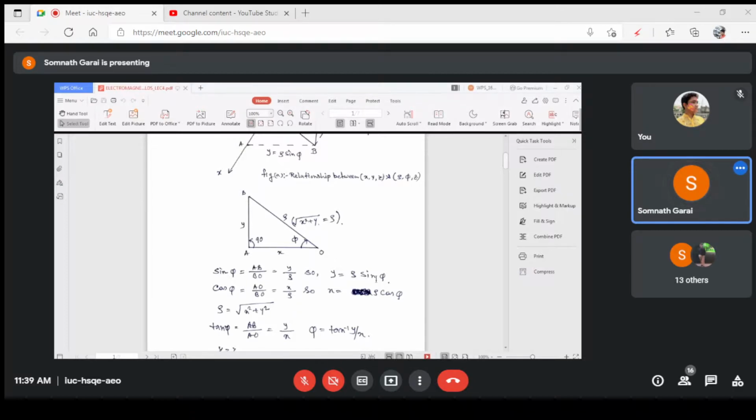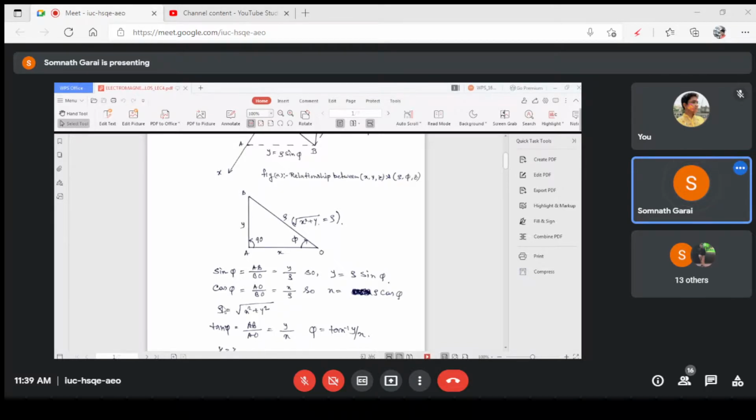Now, again, cos phi is equal to base by hypotenuse, where the base is AO and the hypotenuse is BO. The value of AO is x, the value of BO is rho.